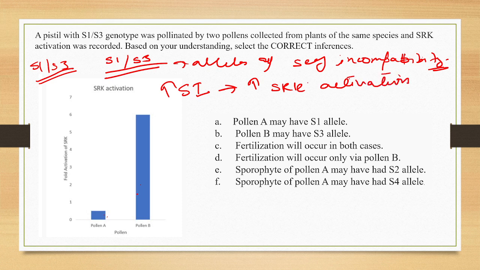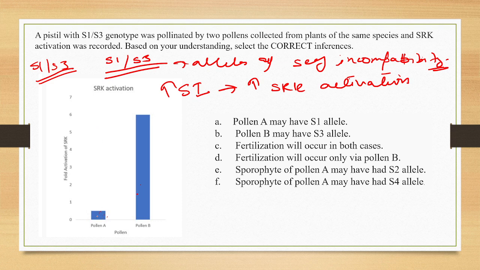And since the genotype of the female reproductive organ, the pistil, is S1 S3, if S1 or S3 genotype is carried by the pollens, then there would be self incompatibility.